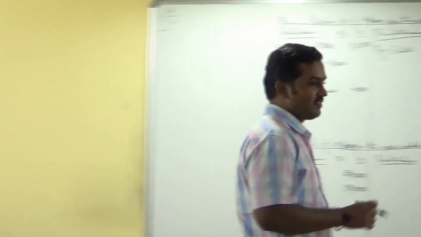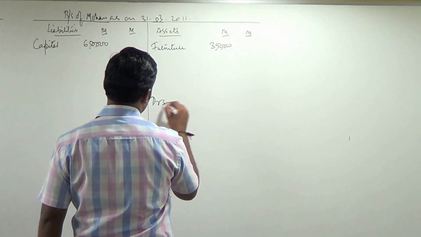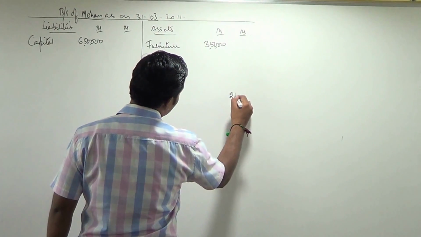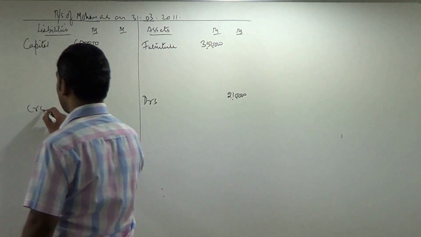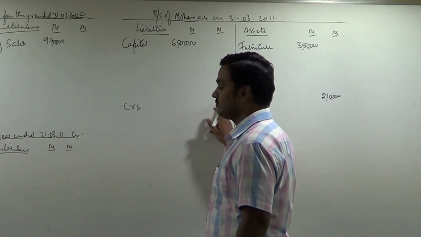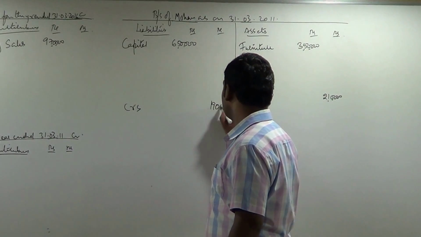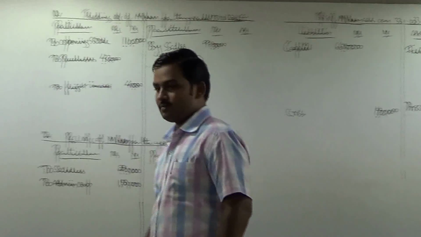So where do you show debtors? Balance sheet, asset side. Keep some space here. Debtors, how much? 2,10,000. Creditors, balance sheet, liability side, how much? 1,90,000.